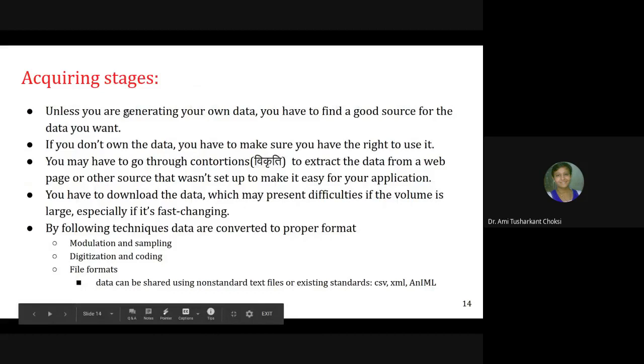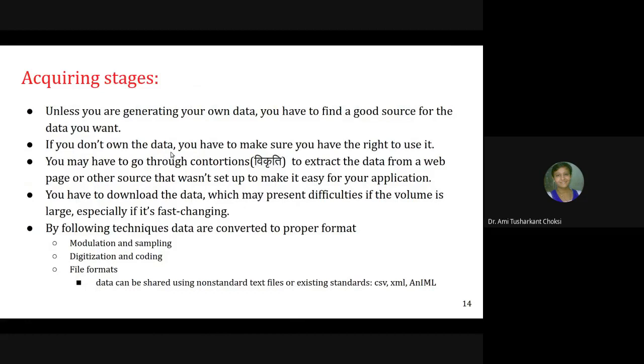So what are the acquiring stages? Unless you are generating your own data, you have to find a good source for the data you want. Say I want the data in JPG format and the size should be 10K only. Is it possible that I have the data set in exactly that way? I may not.